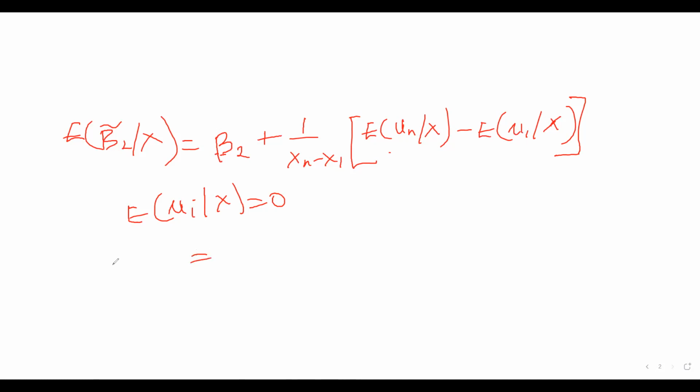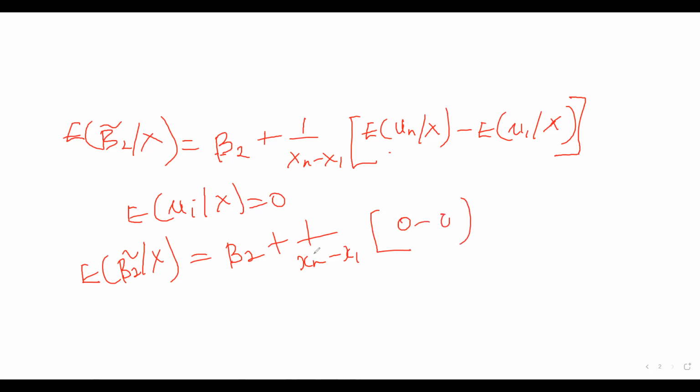So I have the expected value of beta 2 tilde given X becomes B2 plus 1 over xn minus x1 times, so this becomes 0 minus 0, right? So everything here becomes 0. That gives us beta 2.